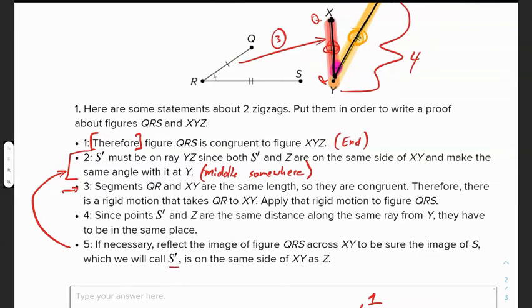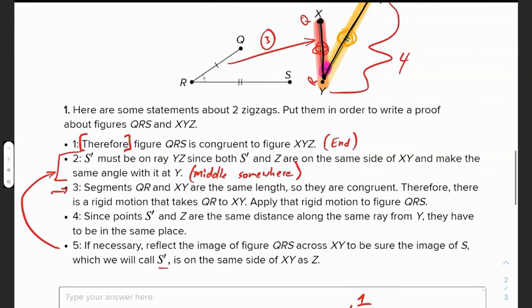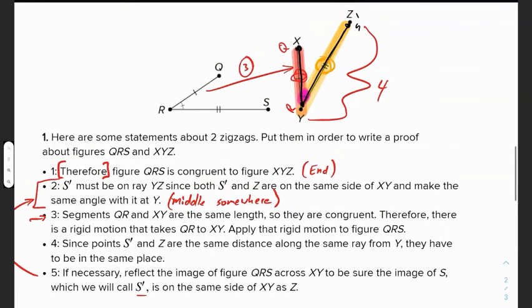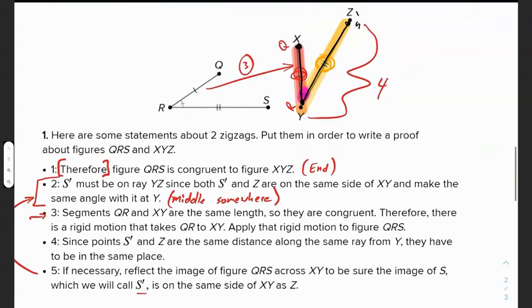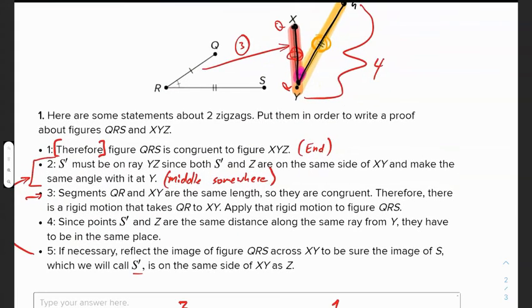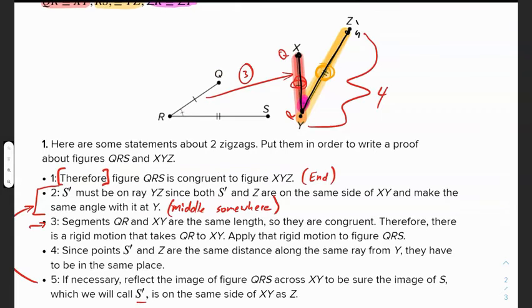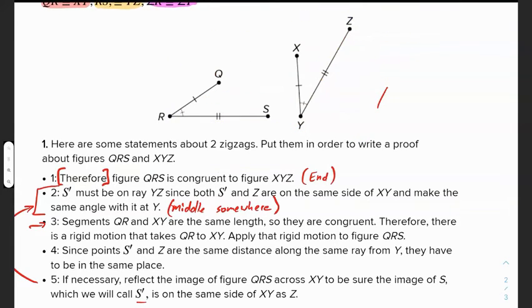So let me put them in order from what we just did. Number 3 has to happen first. Again, number 3 was moving QRS over to XY. And I think after 3 it's 5. So let me clean this up.